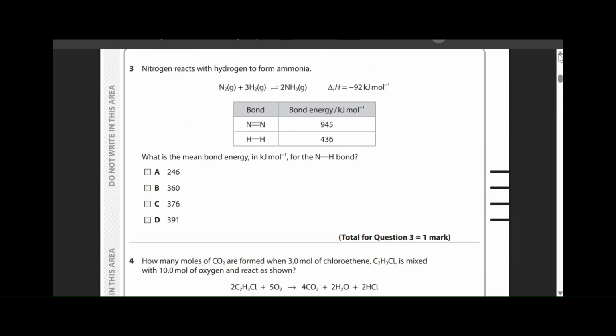Nitrogen reacts with hydrogen to form ammonia, and you need to find the mean bond energy in kilojoules per mole for the nitrogen hydrogen bond. So look at the question carefully. You need to find the mean bond energy of 1 mole of nitrogen hydrogen bond. So you will use the formula here: enthalpy change of reaction is equal to enthalpy change of the bonds broken minus enthalpy change of the bonds formed.